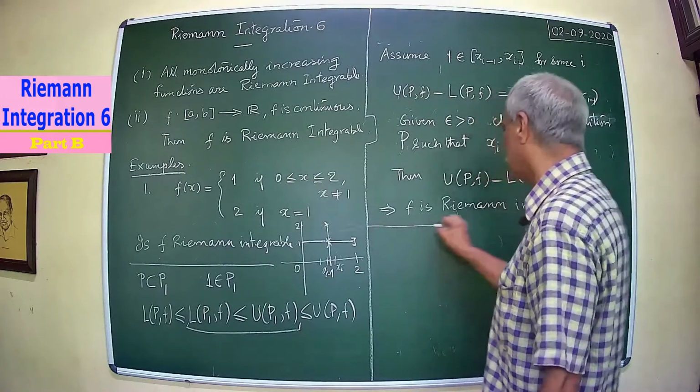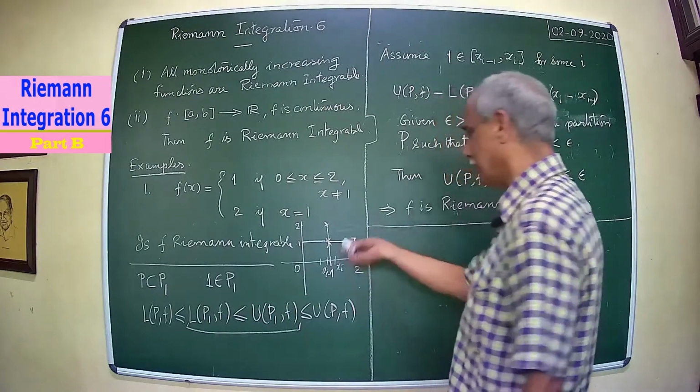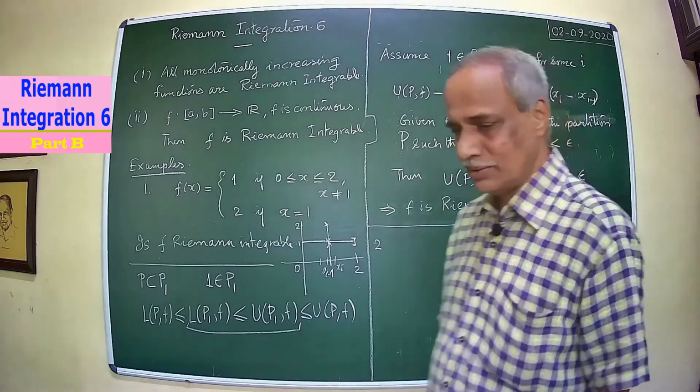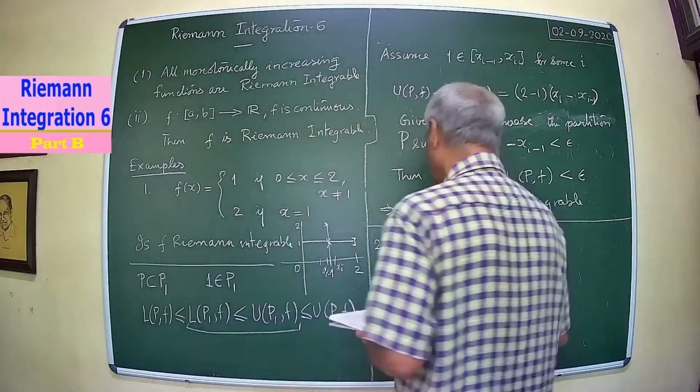I will just leave it to you to do the second problem. The second problem is, we have got one discontinuity here. Now we are going to assume the following, a more general result.